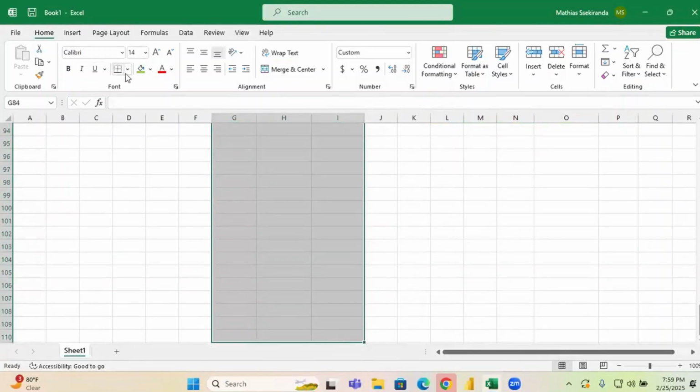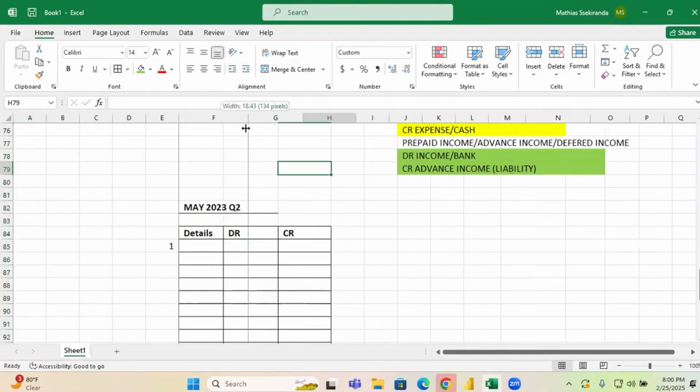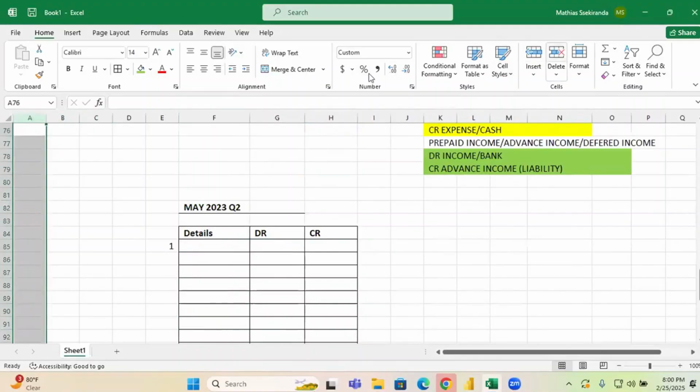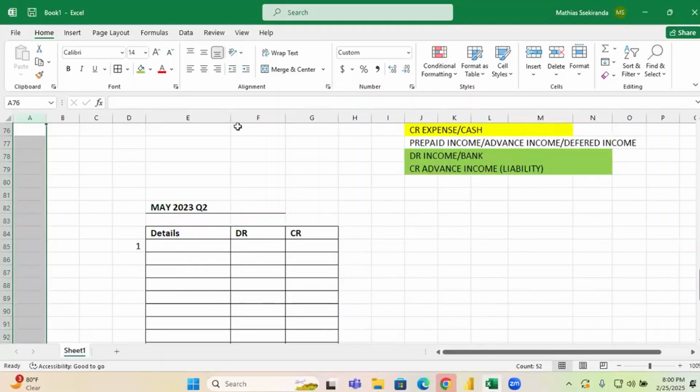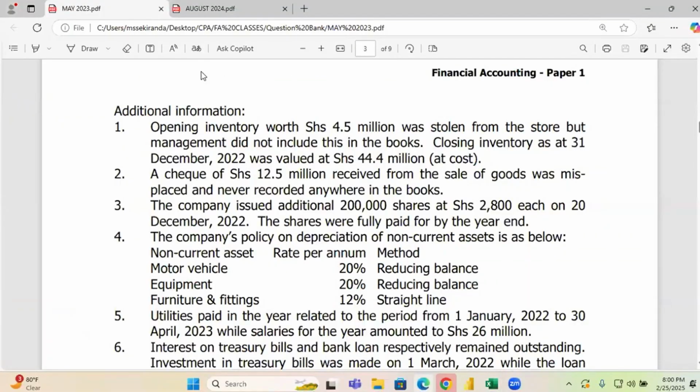So we have details, debit, credit. So we shall read as we pass double entries.